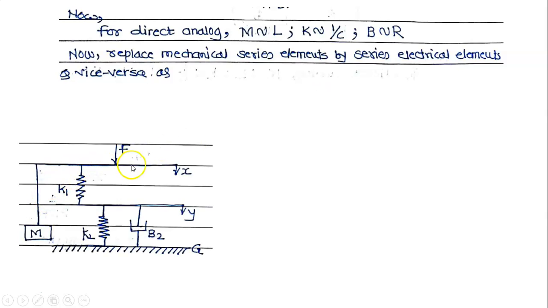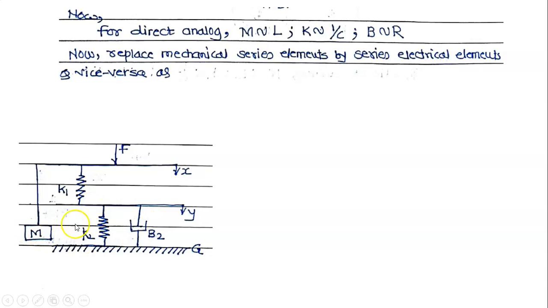Again I will draw this grounded chair representation. Now, M is equal to L. K1 is equal to C1, K2 is equal to C2 and B2 is equal to R2.